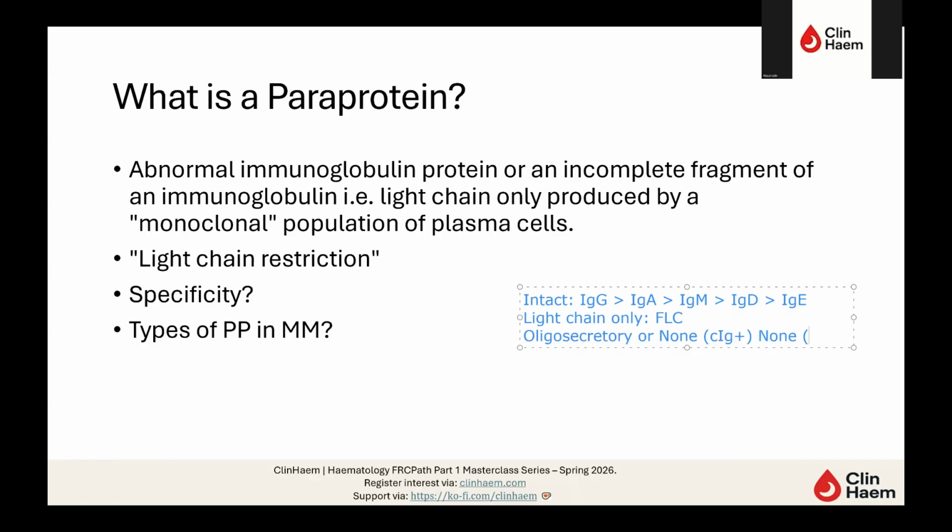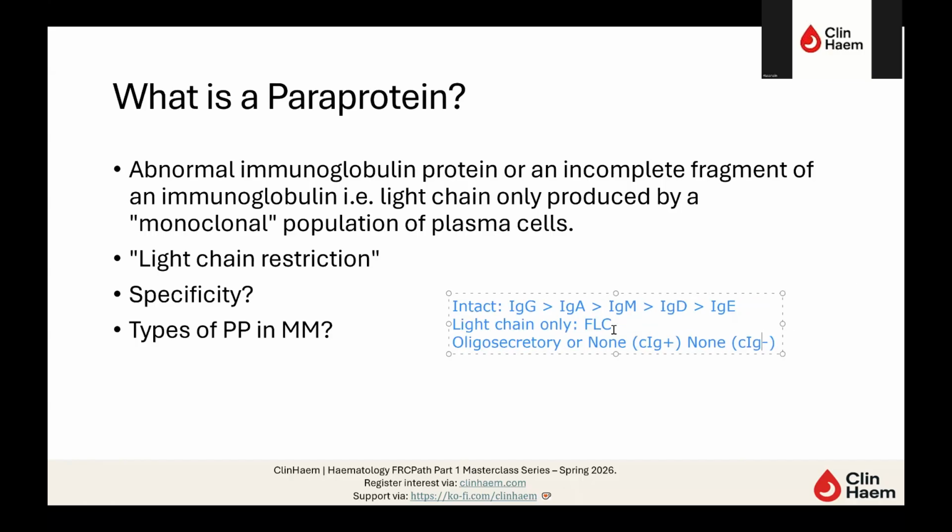They're called non-producers. Even though these are plasma cells and this is myeloma, when you check by immunohistochemistry, even the cytoplasmic immunoglobulin is negative. So the last ones are called non-producer multiple myeloma. These are the types of paraprotein that you can see in multiple myeloma.